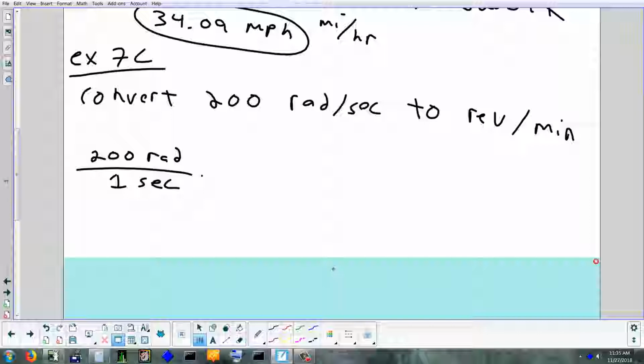Where would seconds have to go in that fraction? In the top. And what's the conversion between those two units? 60 seconds in 1 minute. Okay, so we got radians per minute.